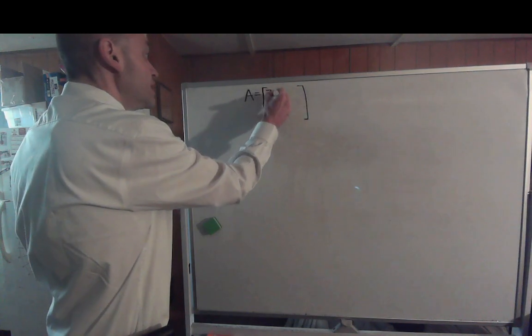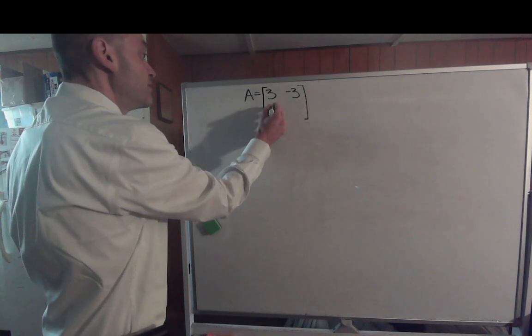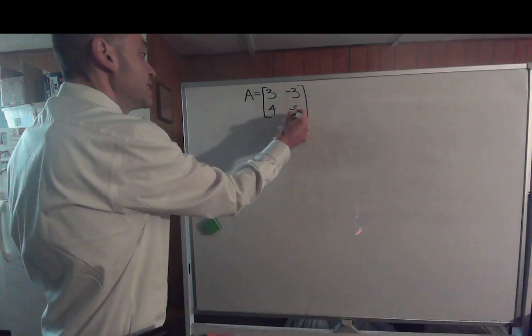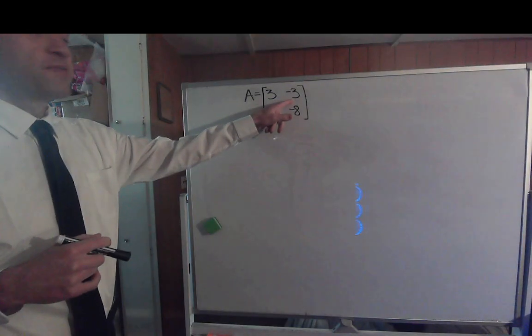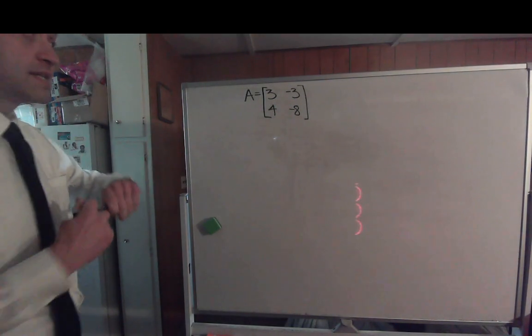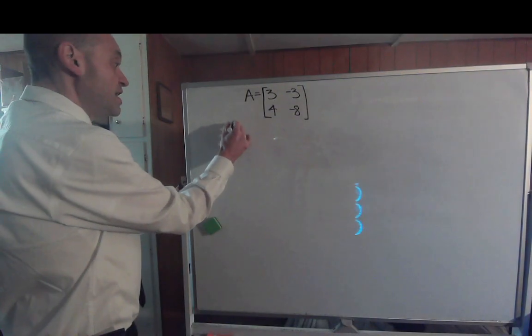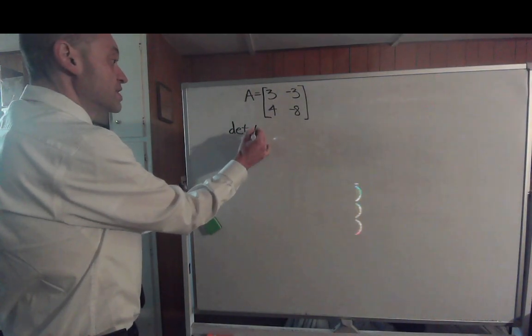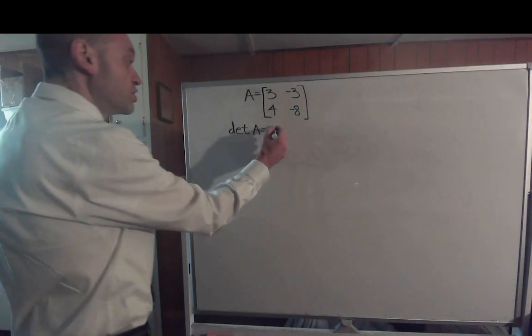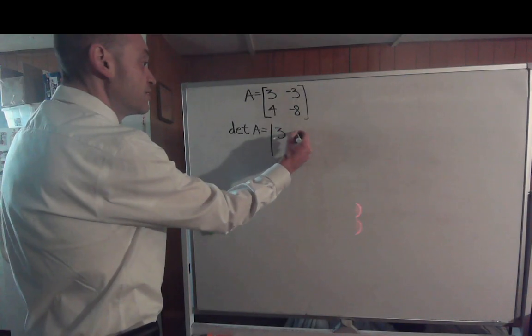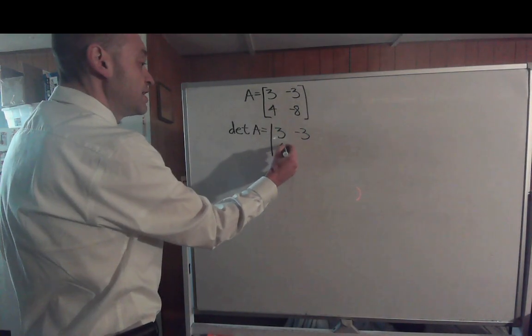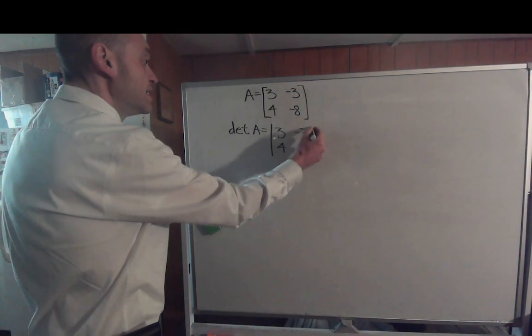All right, 3, -3, 4, -8. So matrix A has entries 3, -3, 4, -8. Again, we want to find the determinant of matrix A. We'll convert this into what looks like absolute value notation, with 3, -3, 4, -8 inside.